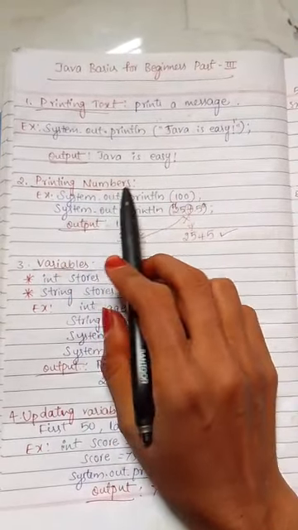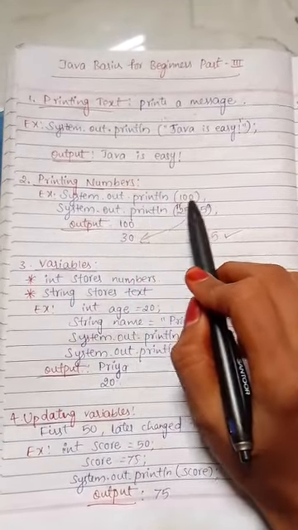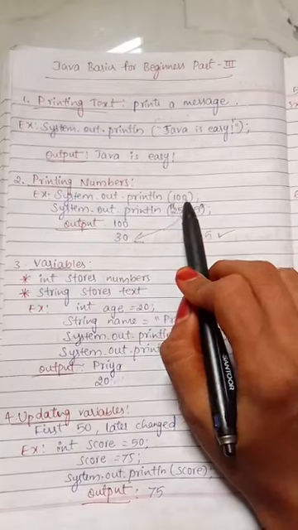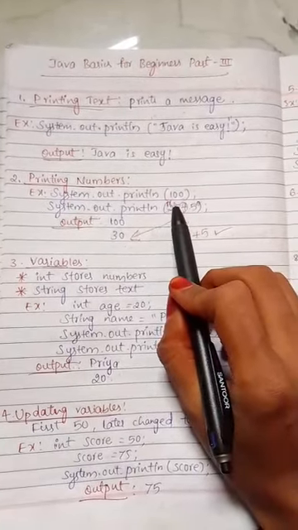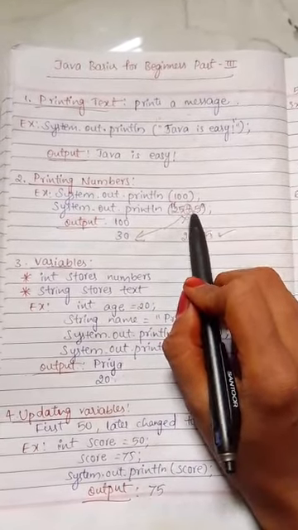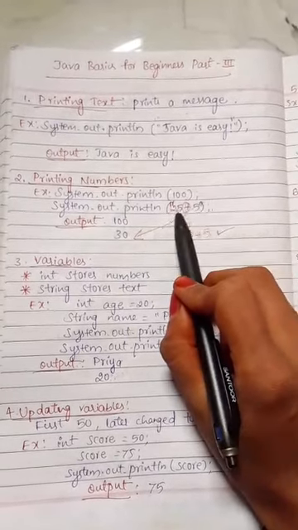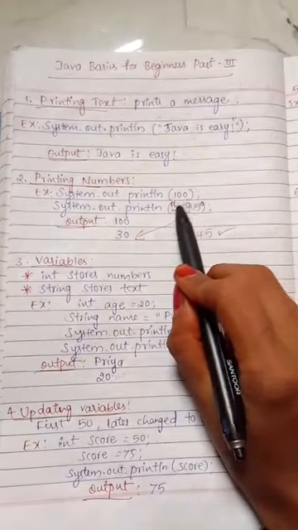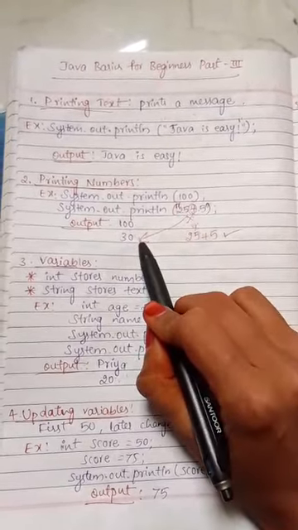Next, printing numbers. System.out.println within the brackets 100 will print 100 as it is. If I want to add two numbers, there is no need to give the double quotation marks, because if I use those marks, it will print as it is. It won't give me the result as 30.